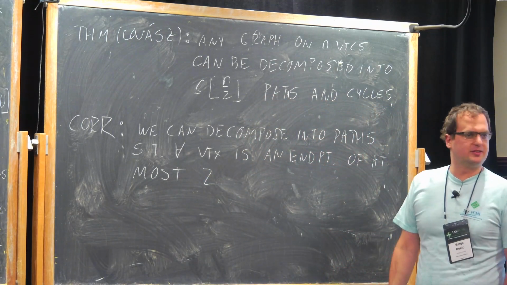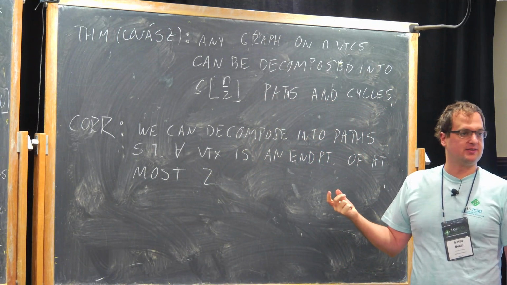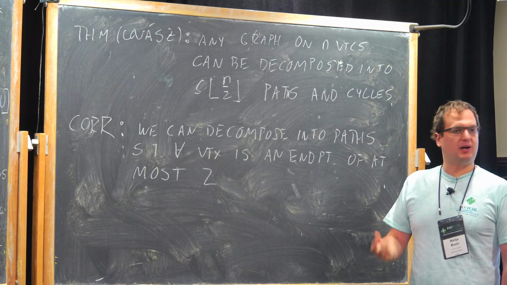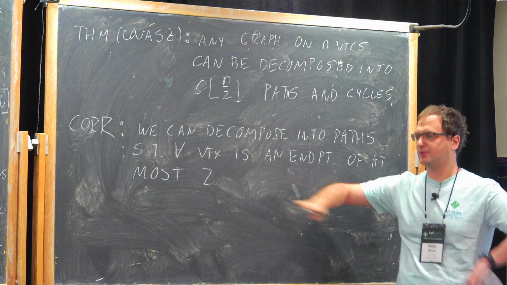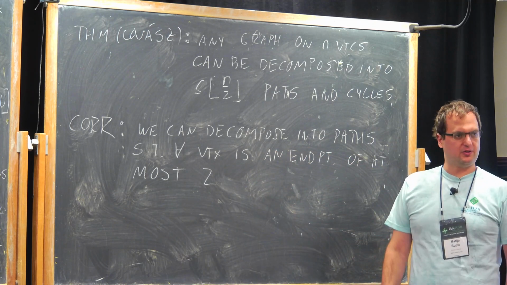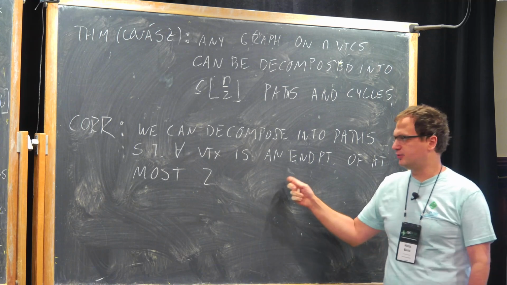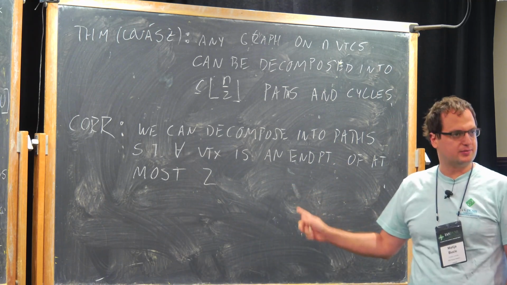So if you think about it, that will tell you that you have at most n paths. We can decompose into fewer paths, but actually this spread-around property of endpoints is going to be more useful to us than actually getting a better path decomposition.